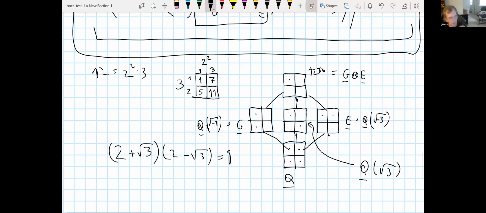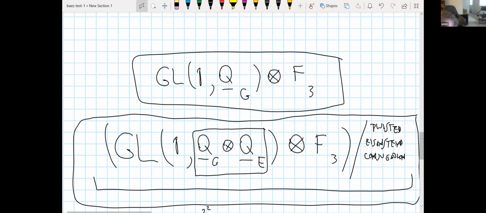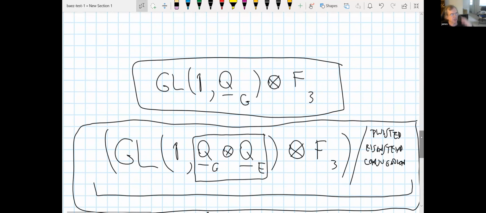And this is not finite order. So this is an infinite order thing in here. That is contributing to this. This is giving us an extra generator, an extra basis element in this vector space, or something like that.